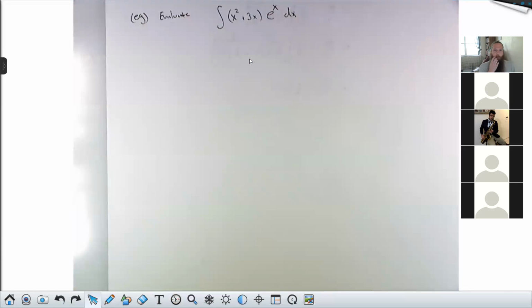Something like this maybe. So I have a polynomial multiplying some transcendental function like e to the x, sine x, cos x, anything like that.